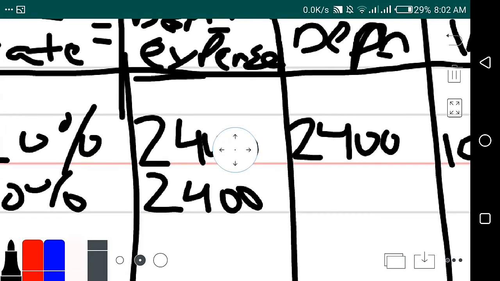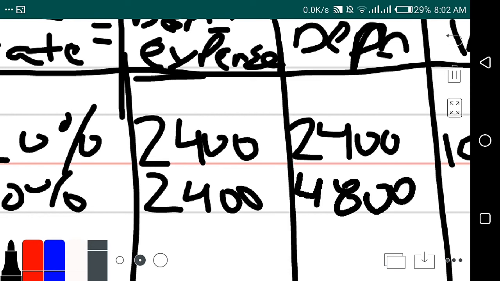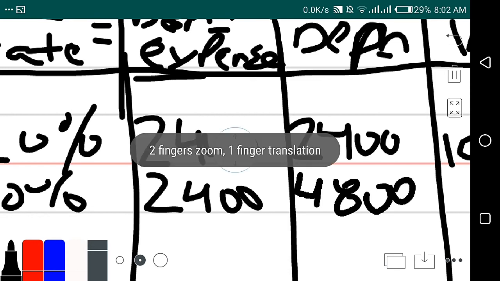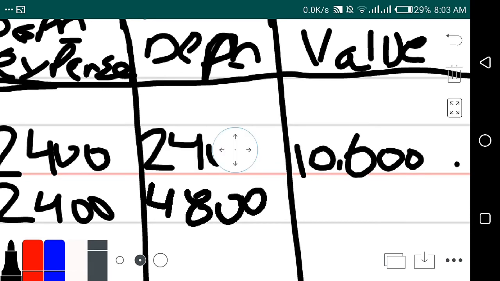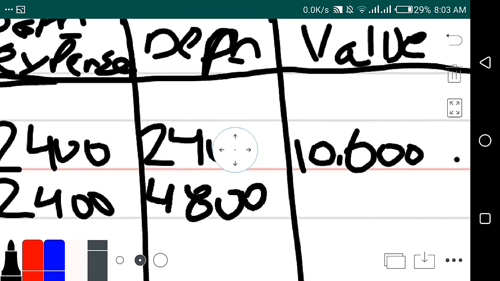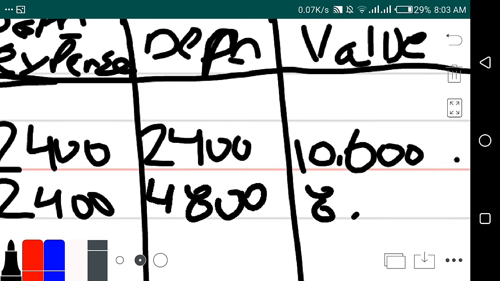Accumulated depreciation is calculated as the depreciation for the year and before that year. Therefore it's 2,400 plus 2,400, it would be 4,800, and then the book value would be, it is cost minus accumulated depreciation, it would be 30,000 minus 4,800. Therefore it is 25,200.